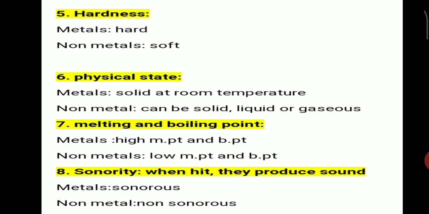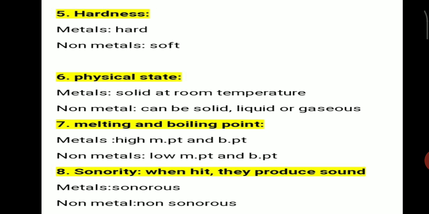But exceptional cases are there. Sodium and potassium are metals which have a very low melting point: that of sodium is 98 degrees Celsius, and that of potassium is 64 degrees Celsius.